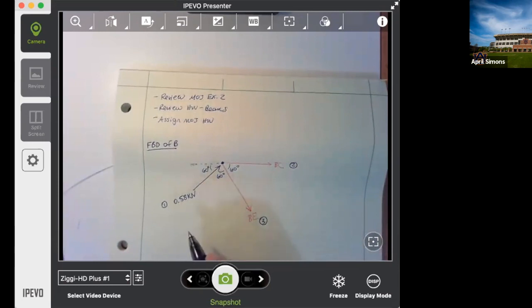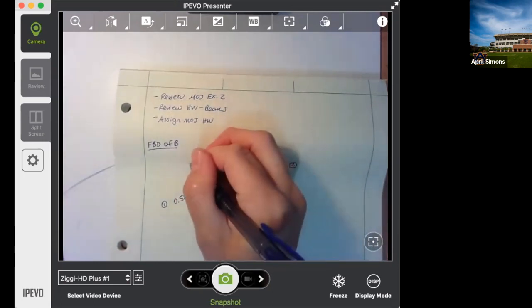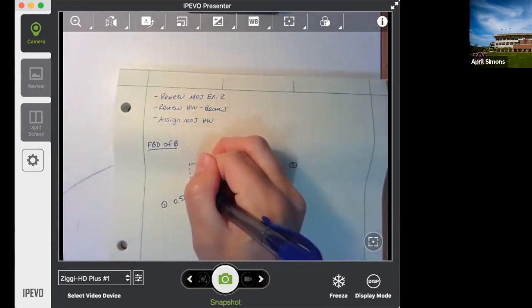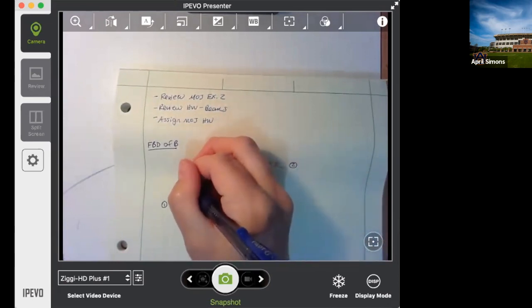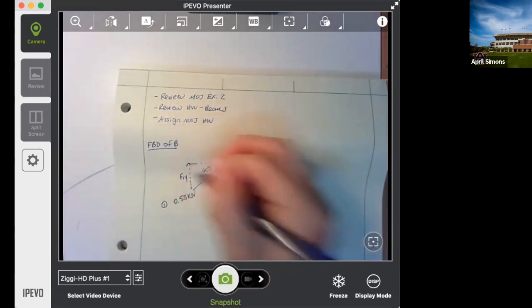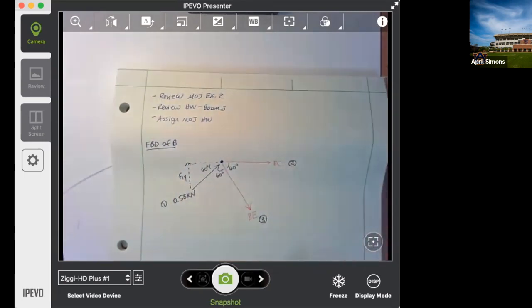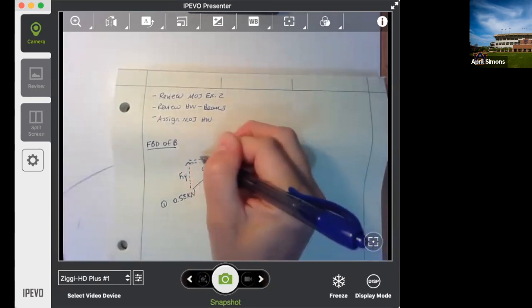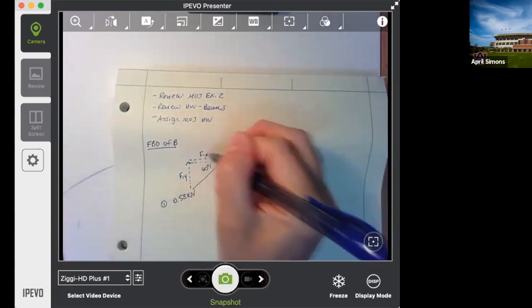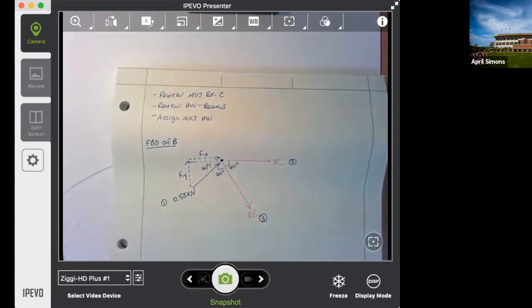It's going to have an X and a Y component. So we can sketch those here. The Y component would be positive going up. So F1Y would look like this. Fx is to the right. So we've got F1x, which looks like this.